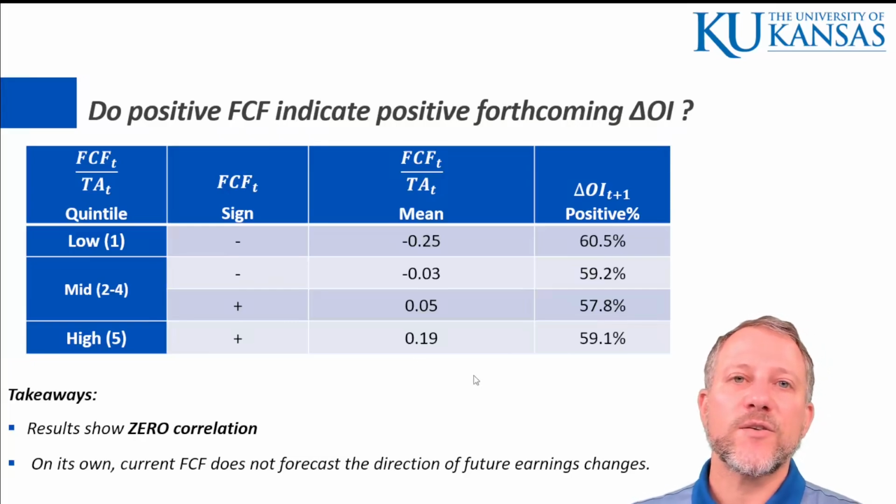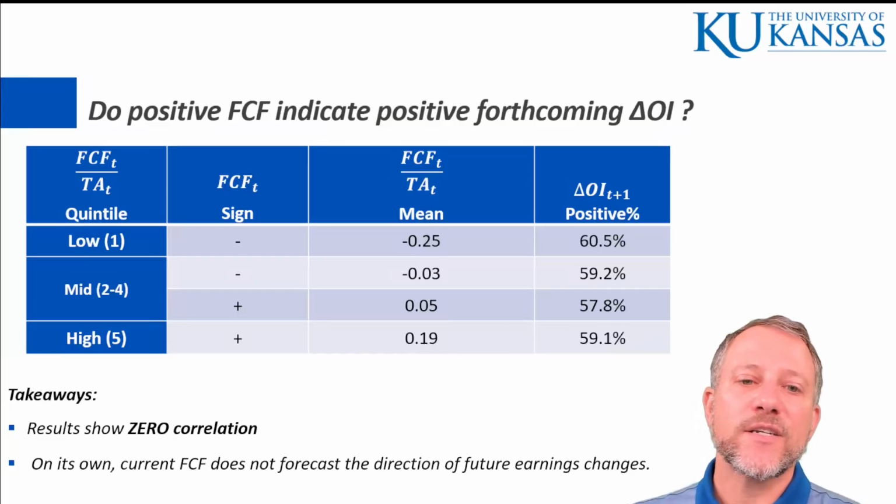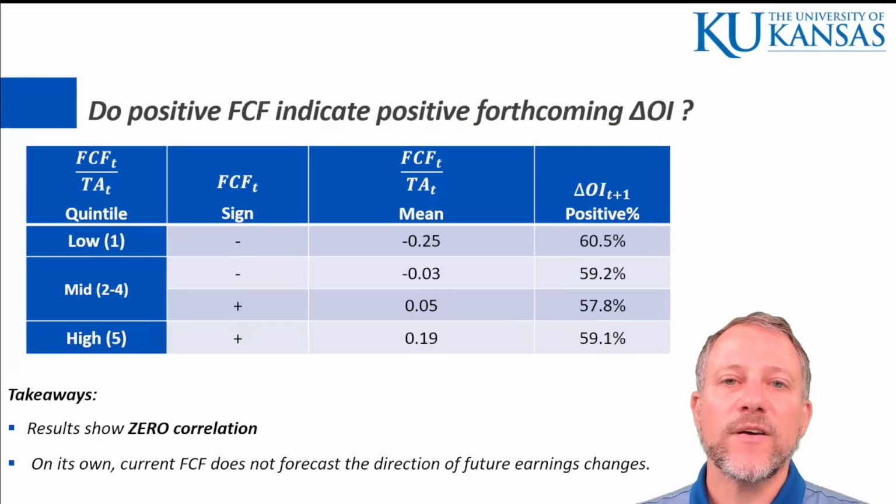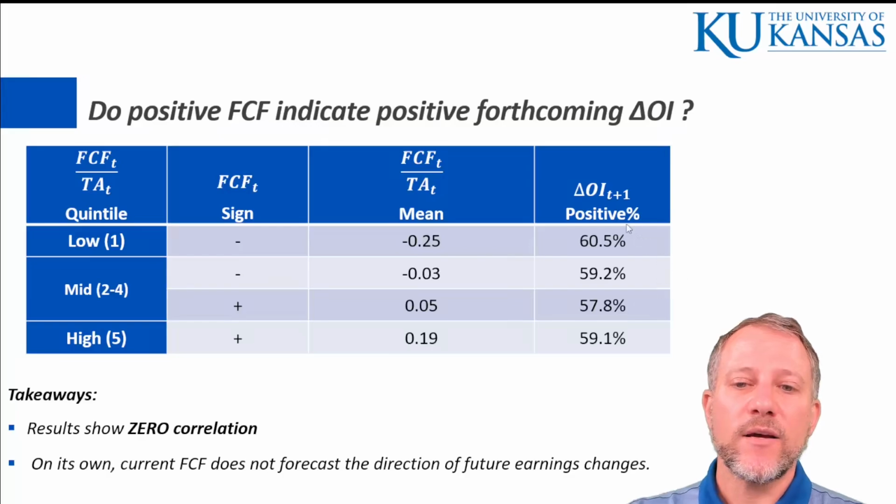If free cash flows were just a cash-based measure of performance and cash is king, then we would expect to see this same monotonic decrease. But instead, we see the changes in operating income hovering right around that equilibrium level of 60%, with a very, very slight decrease, but then it goes back up.